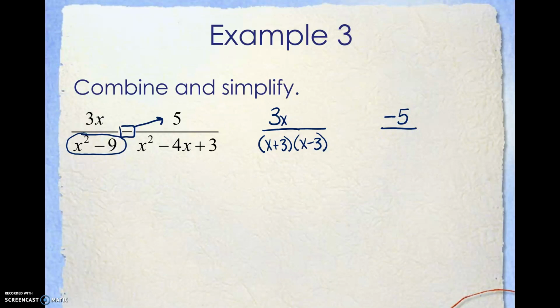Can we factor the second denominator? Yes, we're looking for two numbers that multiply to give us 3 and add up to negative 4. Since we're adding up to a negative but multiplying to a positive, they must both be negative, so negative 1 and negative 3. So that one factors into x minus 1, x minus 3.